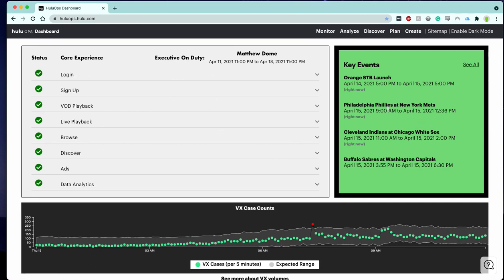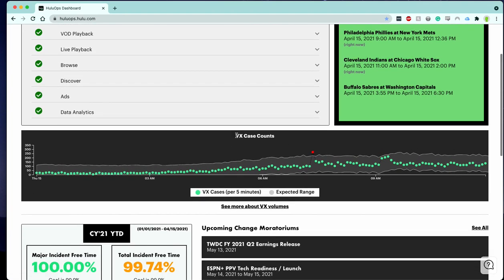This is part combination of ServiceNow, part combination of internal and external APIs. What you're looking at right here is our VX case count. So VX in the Hulu organization is viewer experience. And so what you're seeing in this particular time series data is call volume into our viewer experience team.